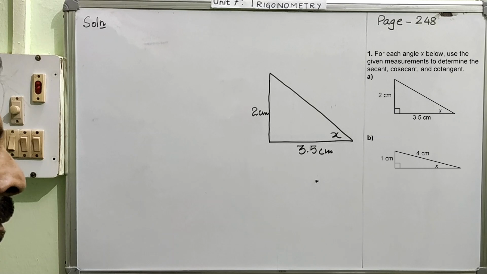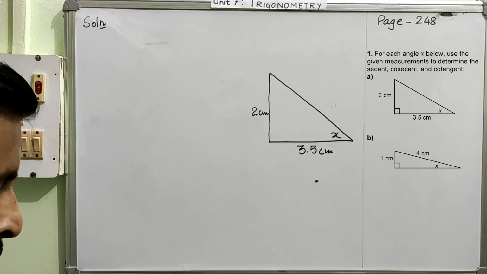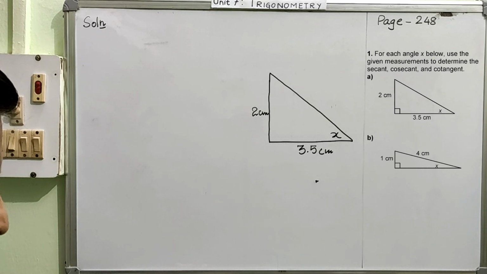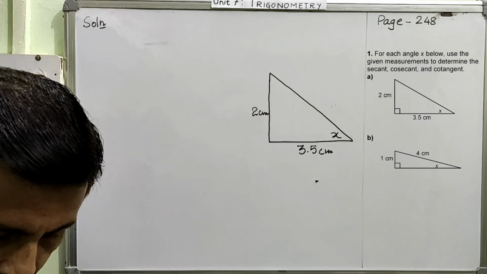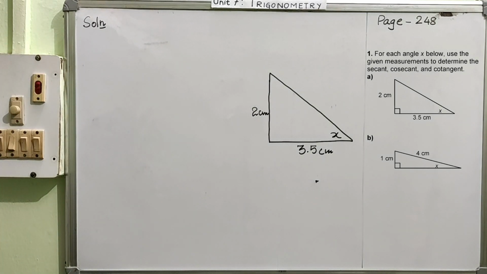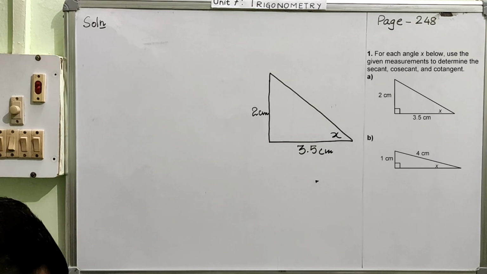So for the given measurement, we have to find the value of the three trigonometrical ratios. Is this very clear? Okay.